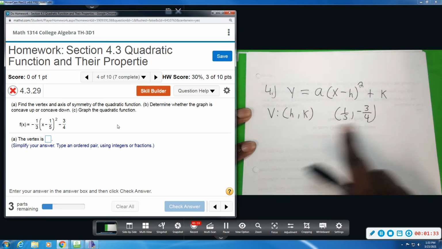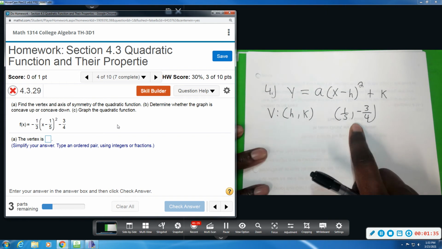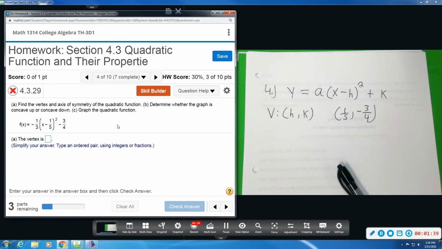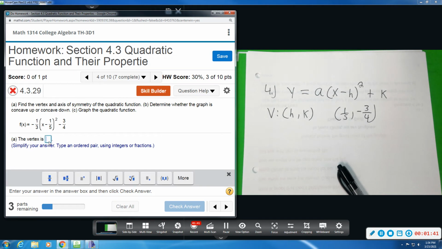Okay, so this would be our vertex. This is the h, this is the k. So let's go ahead and insert the vertex. So we have 1/5, and then we have negative 3/4.